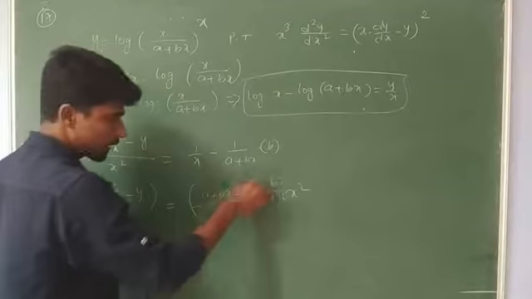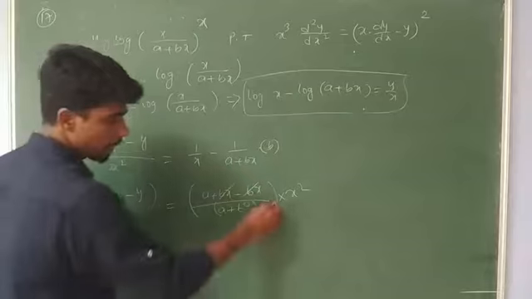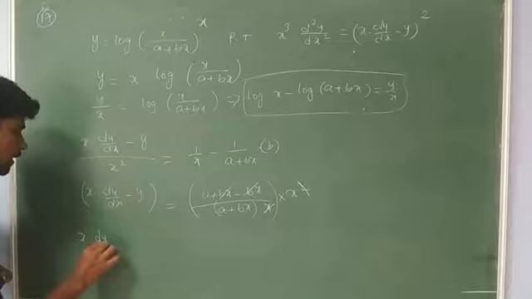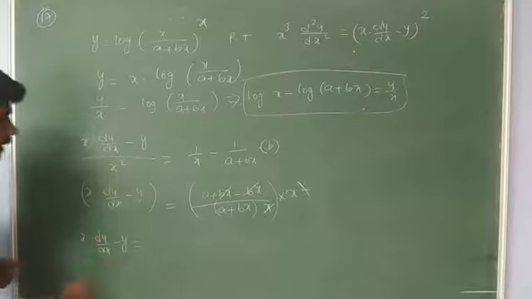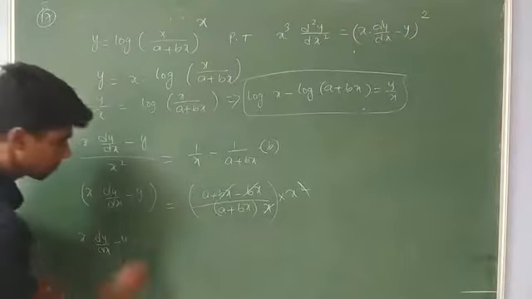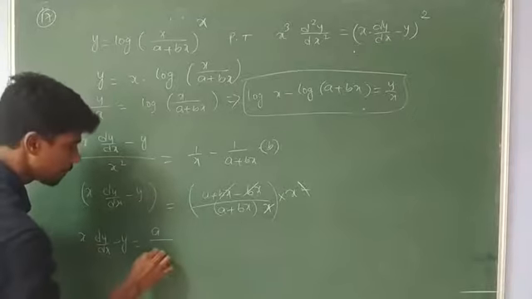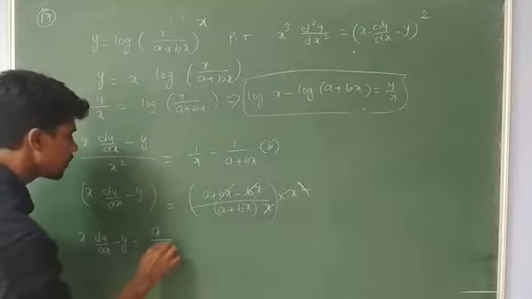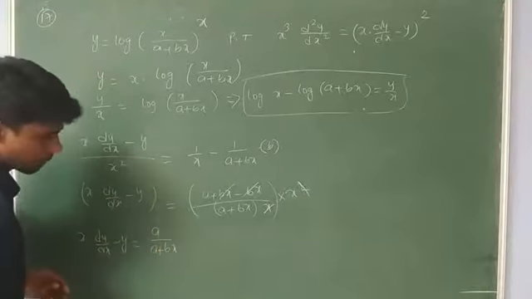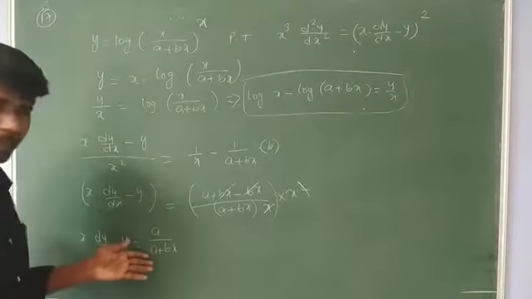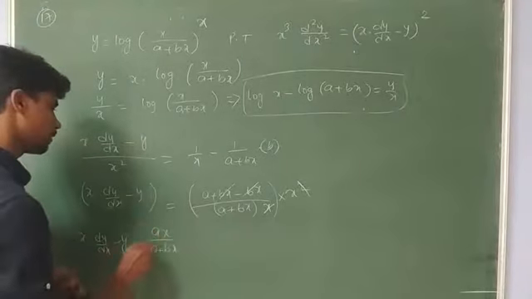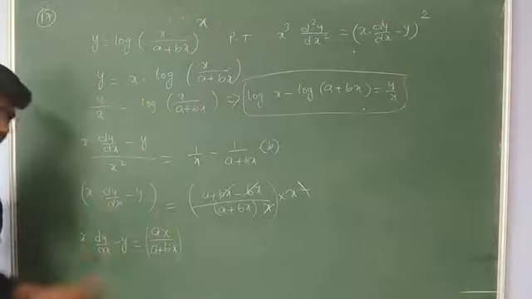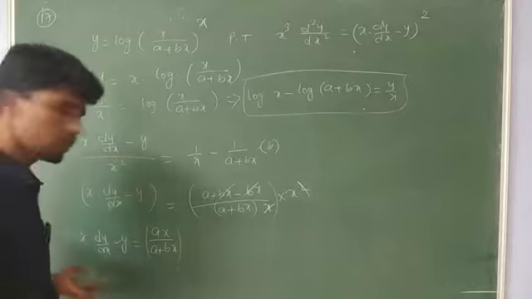Now what we get, bx and minus bx get cancelled, x and square get cancelled, we get x into dy by dx minus y is equal to a by a plus bx into x, which is nothing but ax by a plus bx. Now again go for the differentiation of this particular thing.